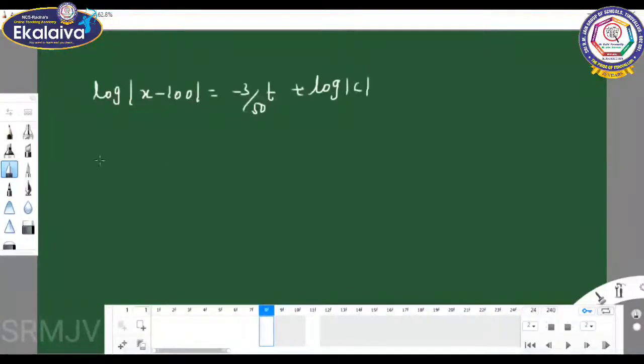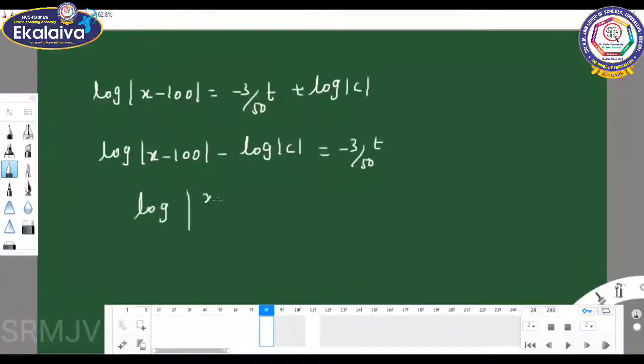So it gives log of modulus of x minus 100 minus log of modulus of c equal to minus 3 by 50 t. Log of modulus of x minus 100 by c equal to minus 3 by 50 t.